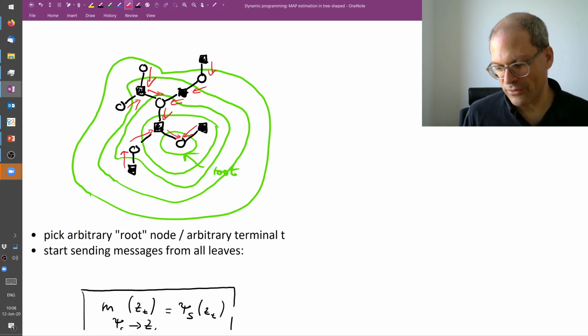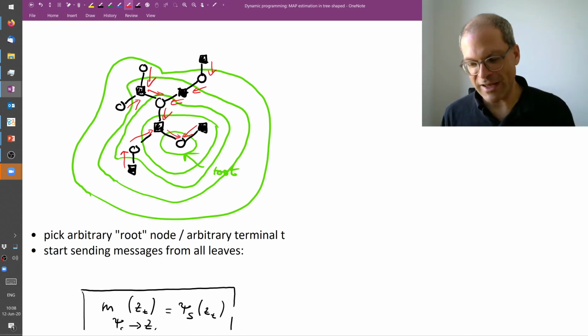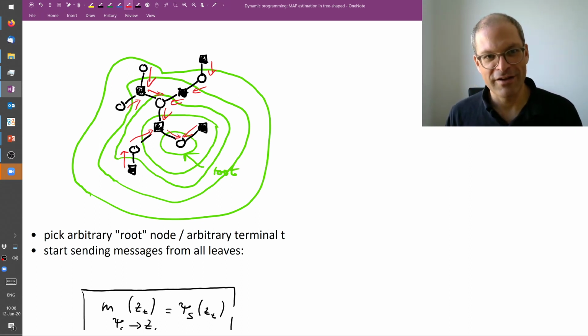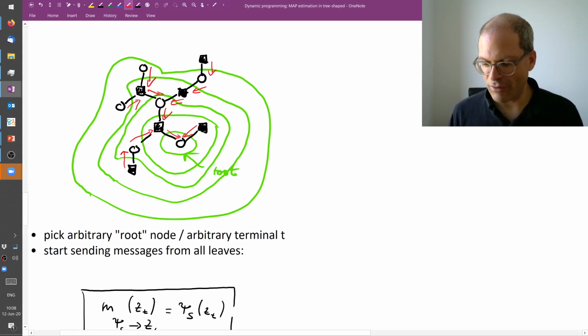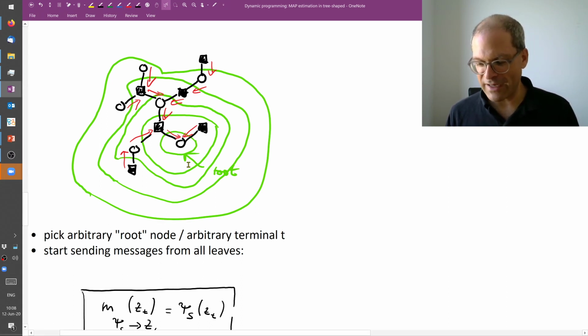Now, if you don't want to randomly send messages and then block nodes until they have finally received all their input, you can, as a pre-processing step, measure the distance from the root. And this is what I did by these green lines.